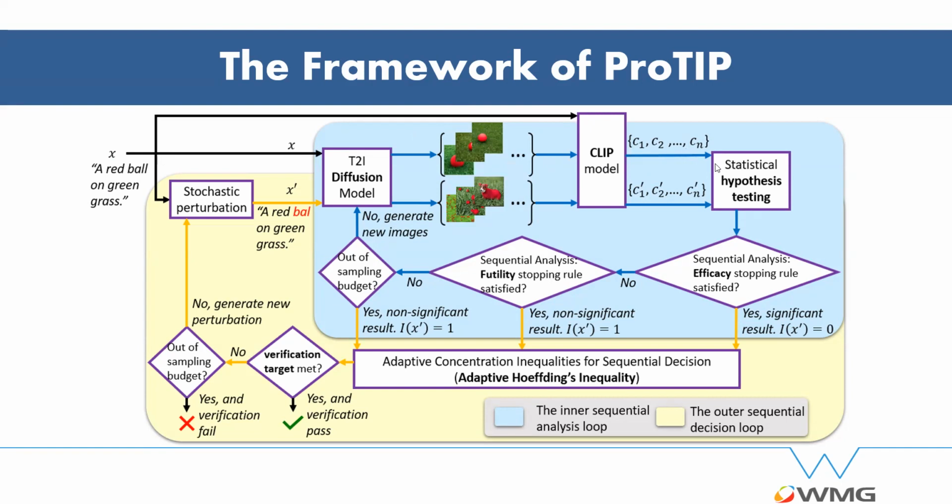Then we use statistical hypothesis testing to test whether the two groups of data are from the same distribution or not. If they are not from the same distribution, the perturbed example X prime is an adversarial example, because it lets the model generate a different distribution of data. Also, we introduce sequential analysis to speed up the determination process. So that's the inner loop.